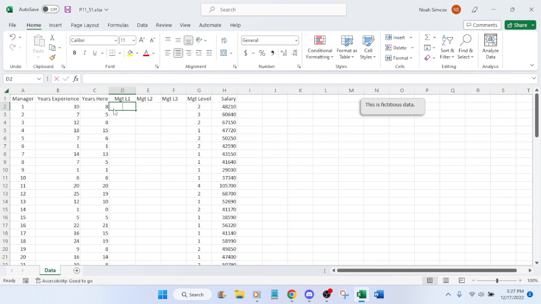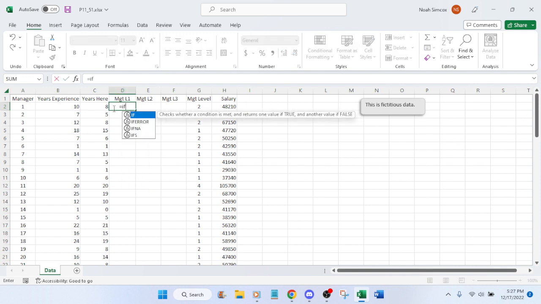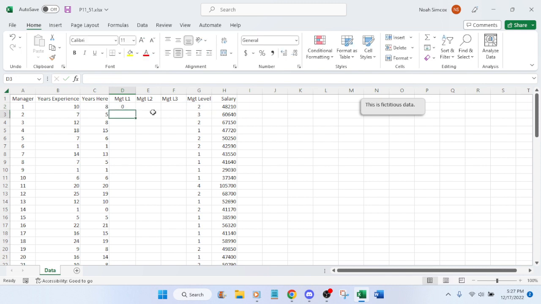And then if this equals 1, comma 1, comma 0. If G2 equals 1, 1, 0, and we have 1 there.